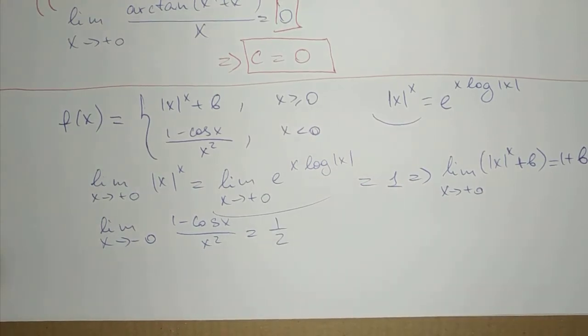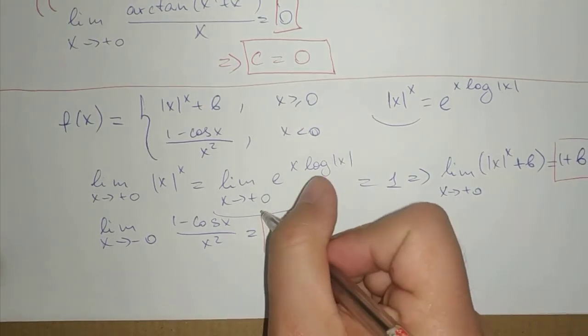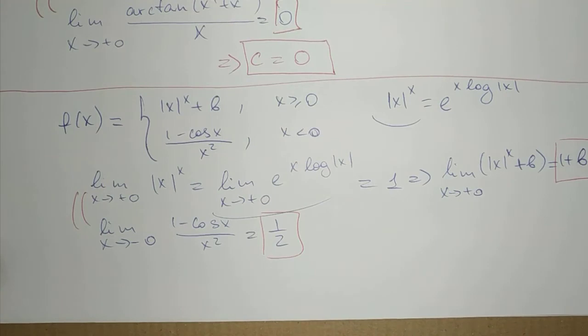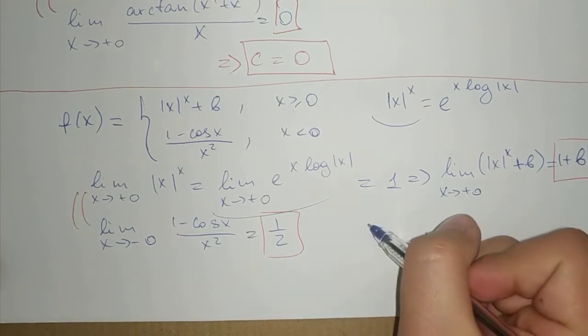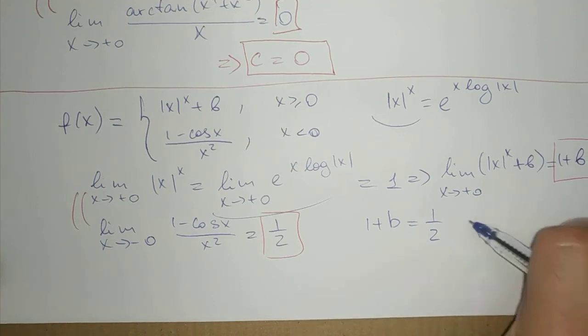So now we have the right side limit, 1 plus b, and the left side limit, 1 over 2. We just need to equate these two values to each other, and we get 1 plus b equals 1 over 2.